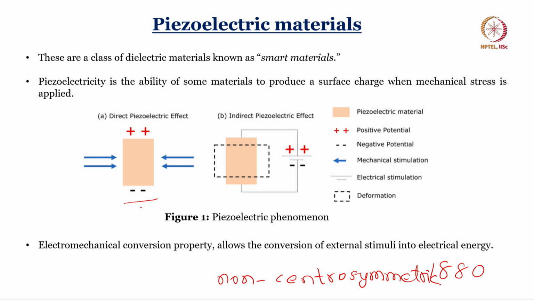Apart from that, these piezoelectric materials also have electromechanical conversion properties. This property allows the material to convert any kind of stress applied on the material such as pH, temperature, pressure or ultrasonic waves etc.